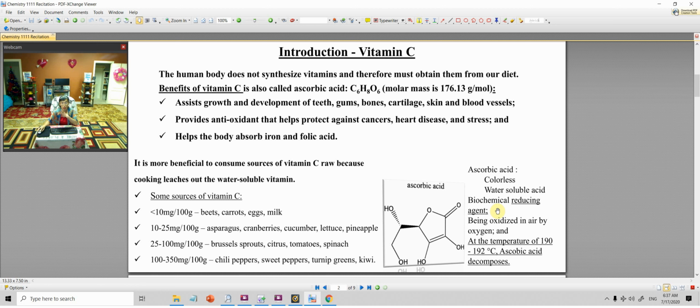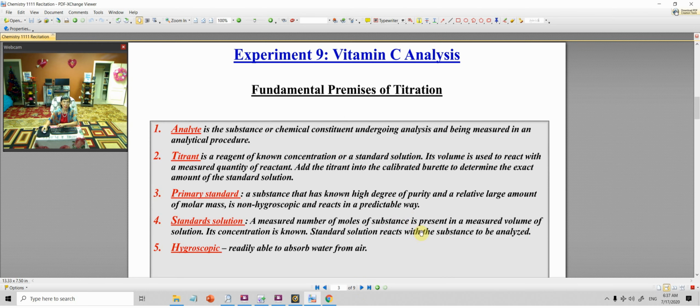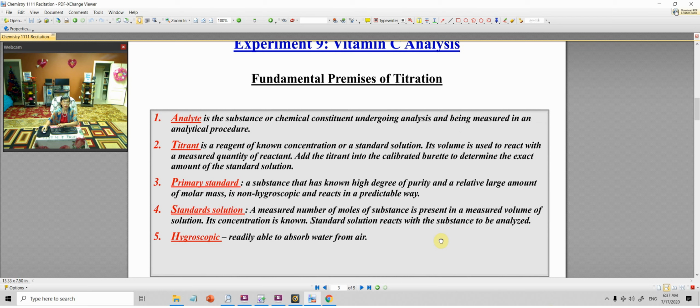Vitamin C itself is going to be oxidized just in air by oxygen. If you increase temperature to between 190 and 192 Celsius, your ascorbic acid, vitamin C, may decompose. So again, cooked food may result in the leaching out of your vitamin C.